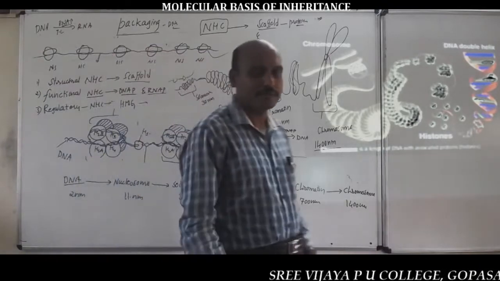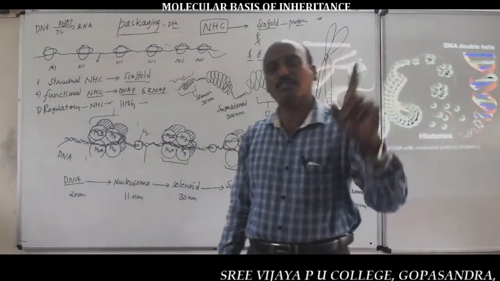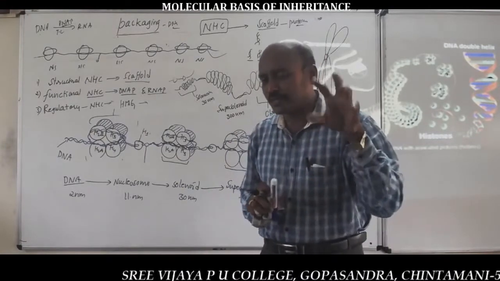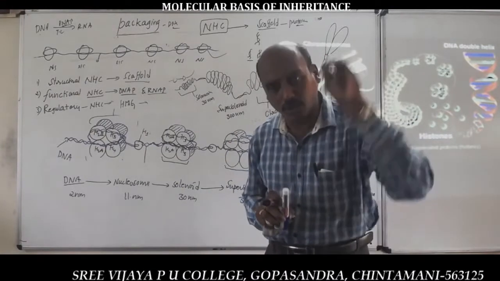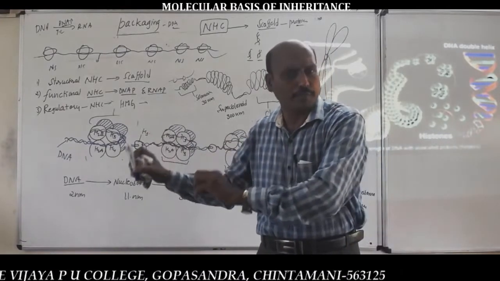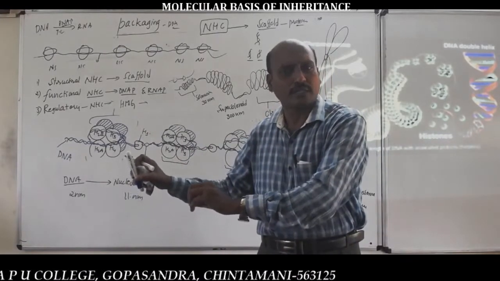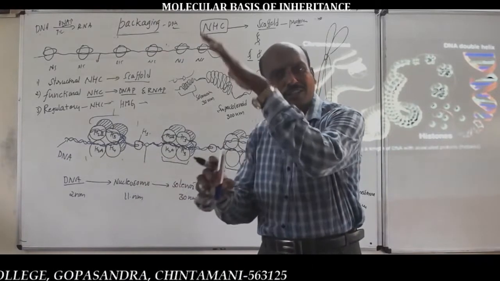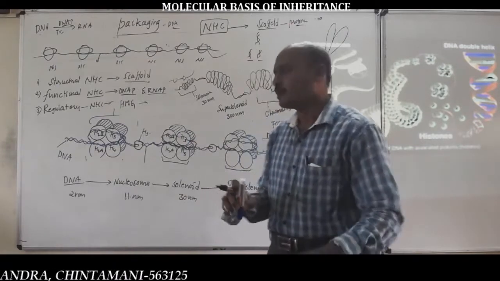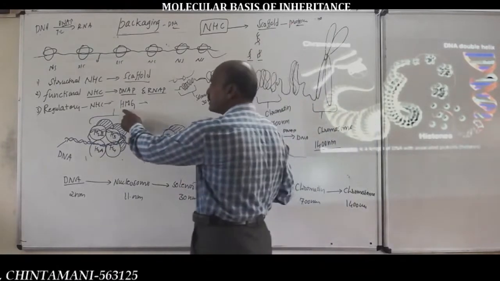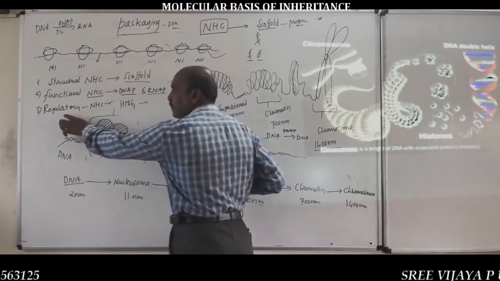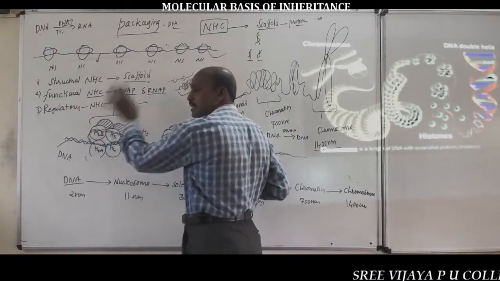If the gene is switched on, the character is expressed; if the gene is switched off, in a controlled or regulated condition, there is no expression of phenotypic or morphological characters. Such regulation of gene expression takes place with the help of HMG proteins. HMG proteins are one type of regulatory NHC.